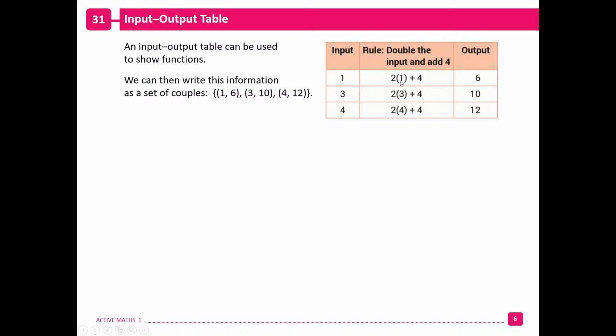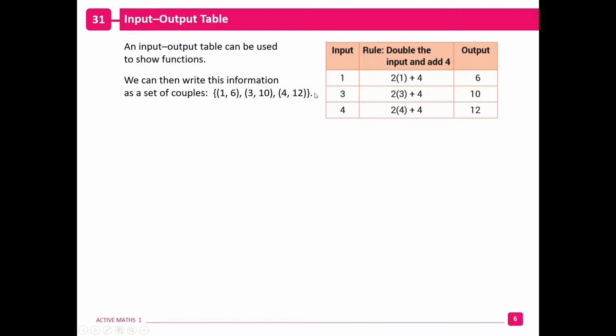We start off with that input, we multiply it by 2, hence the doubling, and we add 4. So in this middle column, it's very important that we write as much of our calculations and show our workings as thoroughly as possible. And then the third and final column is for our outputs, the answers once our input has gone through the function. So 1 doubled is 2, add 4 makes 6.